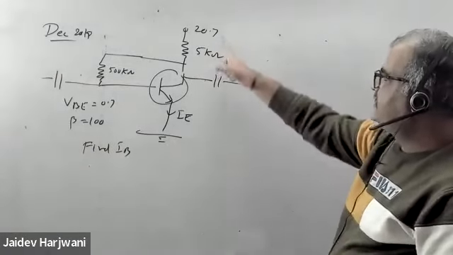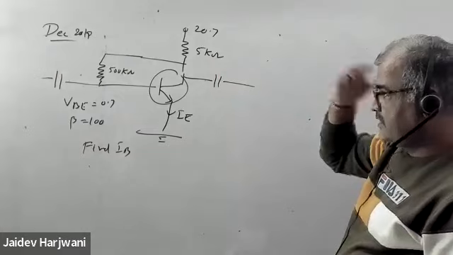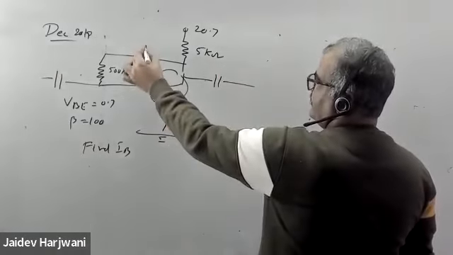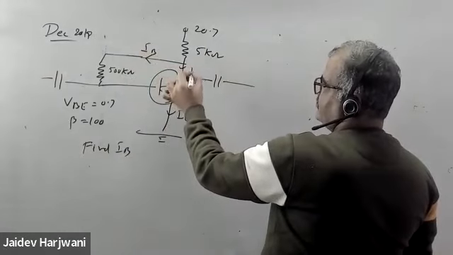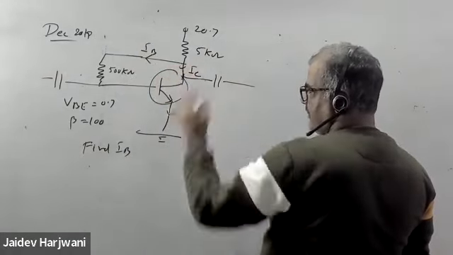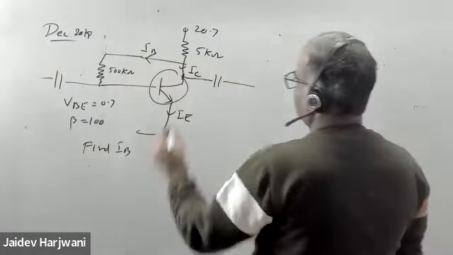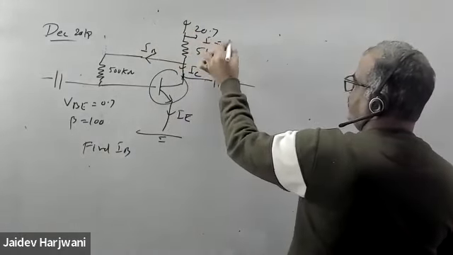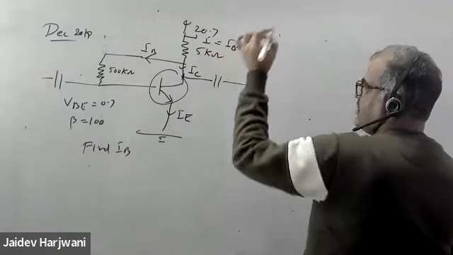So for DC analysis you can make the capacitors open. So the transistor is out of the picture. Now you know this current should be IB, and whatever current always goes in the collector terminal is collector current IC. So this current is IB plus IC.